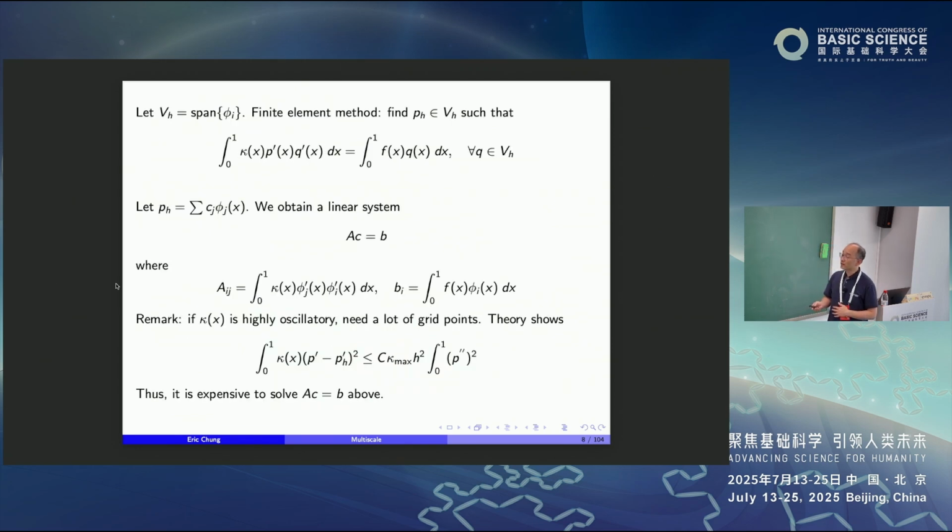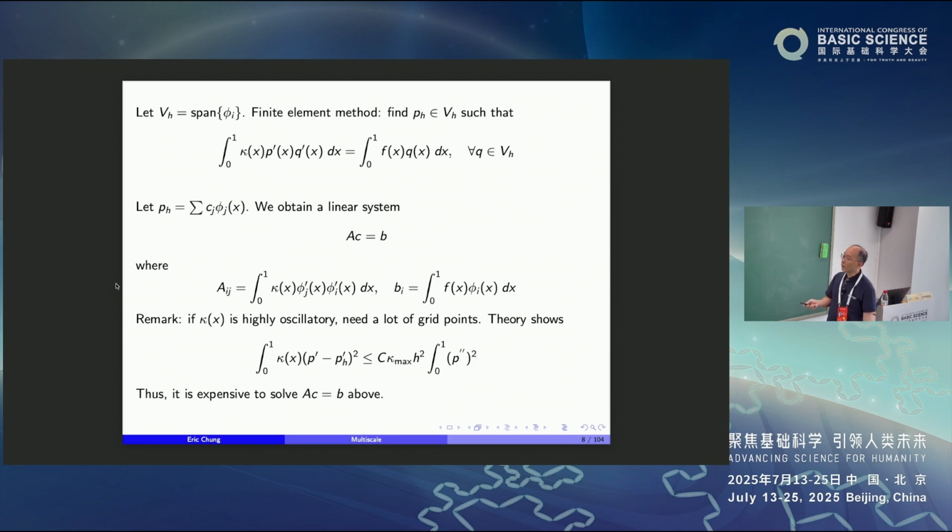Now, in order to solve this problem, you define a space VH that is the span of all these basis functions phi. This means that you represent the solution as a linear combination of these basis functions. So you have a space and you try to find the approximate solution pH in this space such that this equation holds. Again, this is just a standard variational formulation for this second order equation.